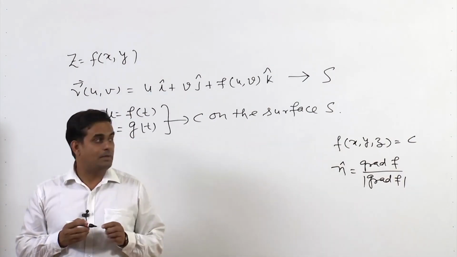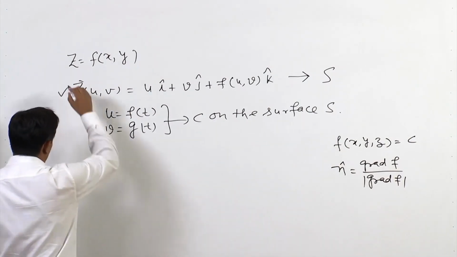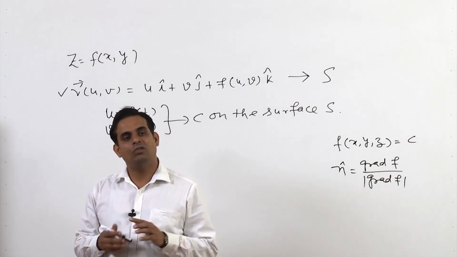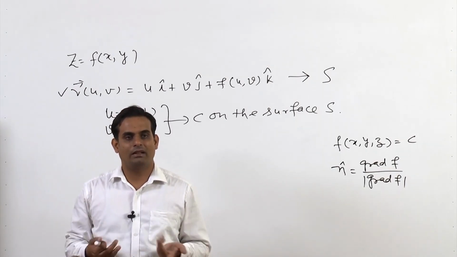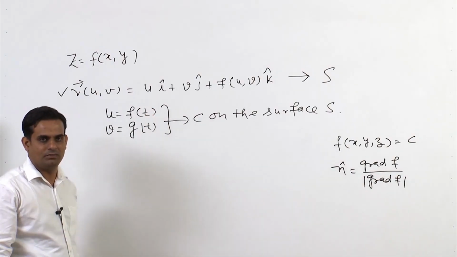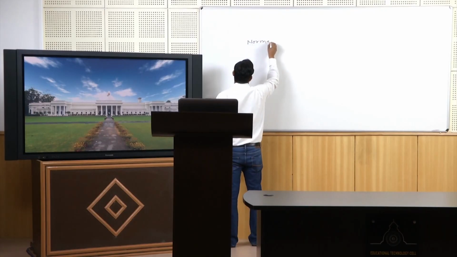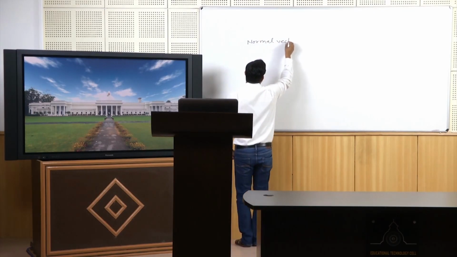Now, if the surface is given in the parametric representation, then how do we find the normal vector in parametric form? So this is another definition of the normal vector to a surface.